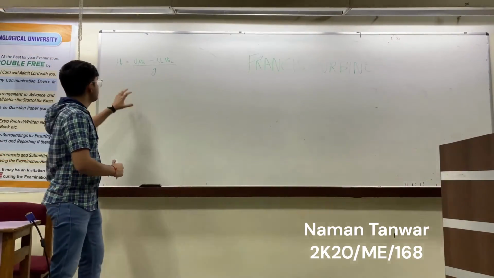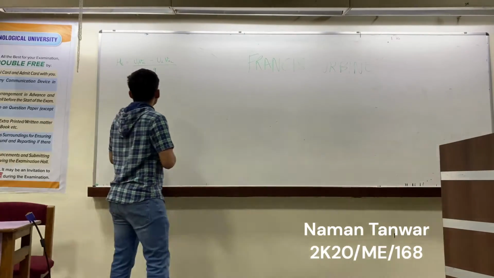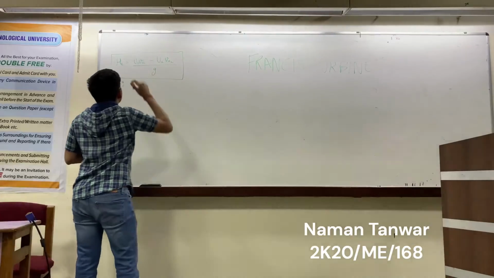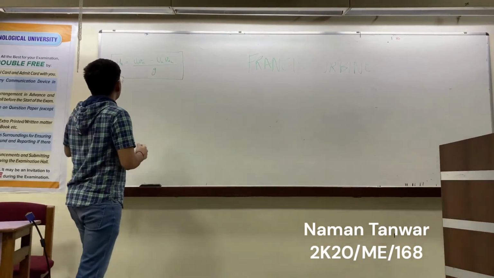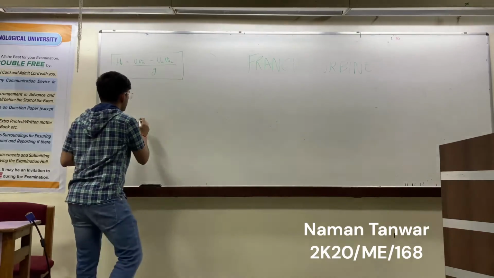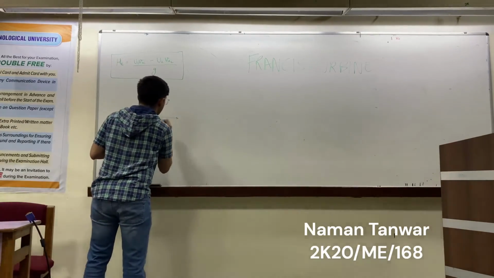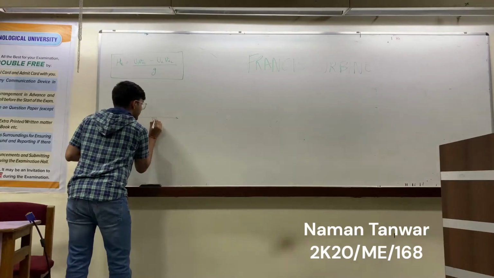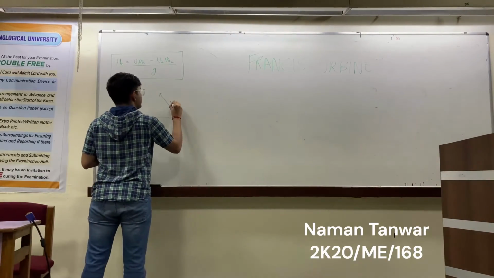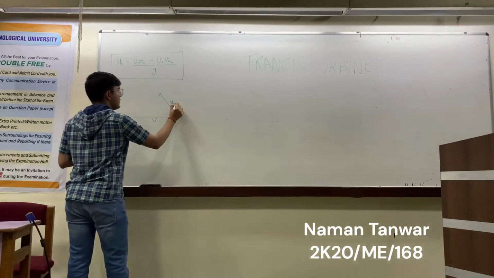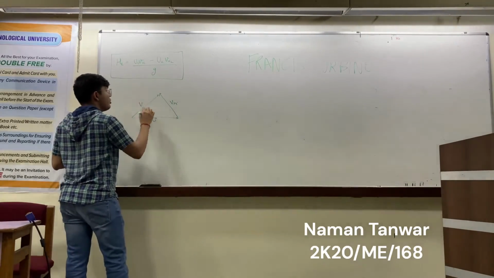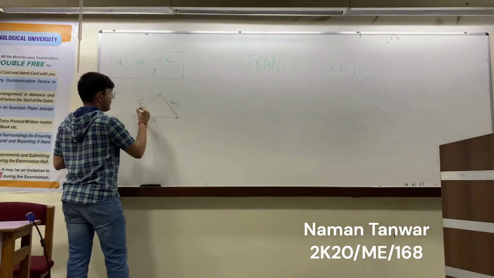Now we have found this form of Euler's equation, and we will try to deduce another way of writing it. Let's try to draw the velocity triangle at inlet. This is blade velocity U, this is relative velocity Vr, this is the absolute velocity, the resultant of these two vectors.